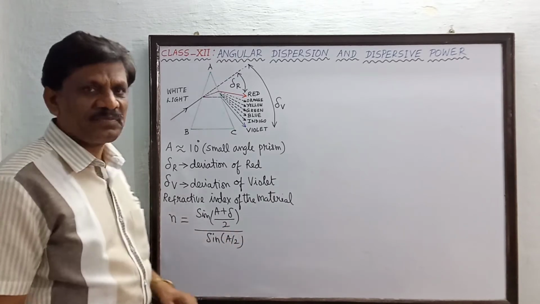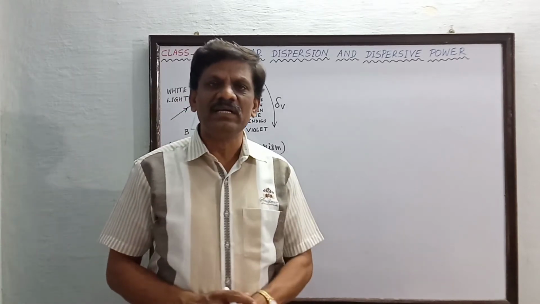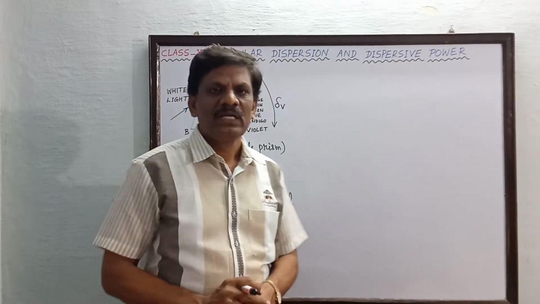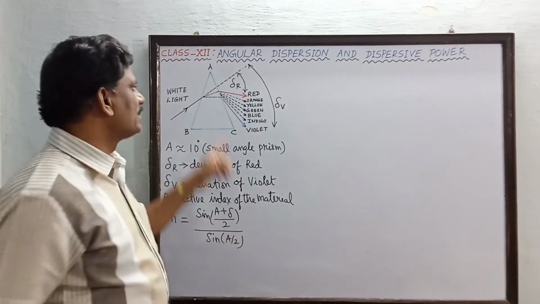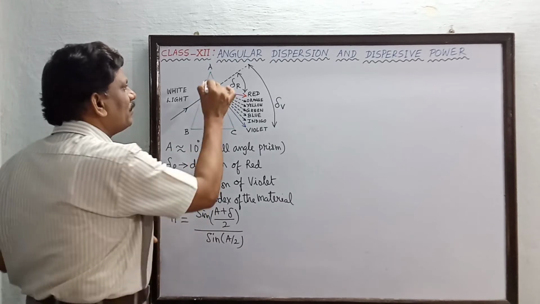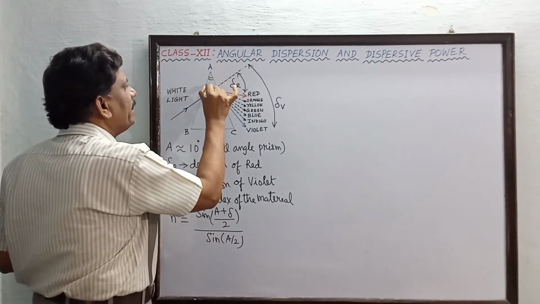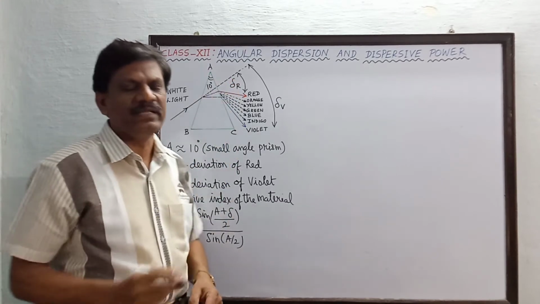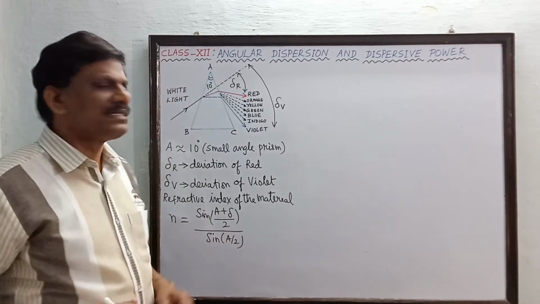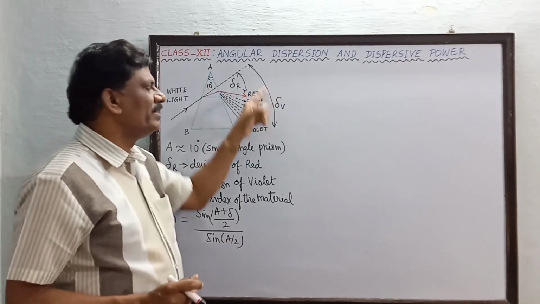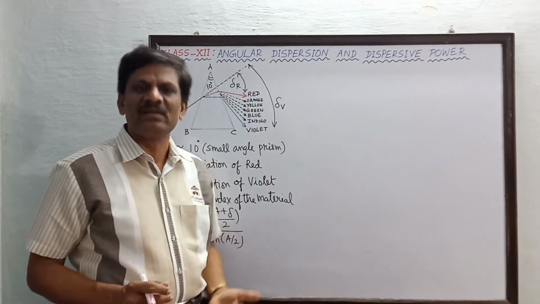This is a general expression we have just derived for the material of the prism. What type of prism we are discussing here is a small angled prism. This angle is less than or up to 10 degrees. So when the angle of the prism is very small, these deviations also will be proportionately small.